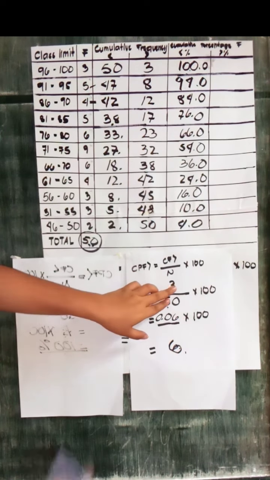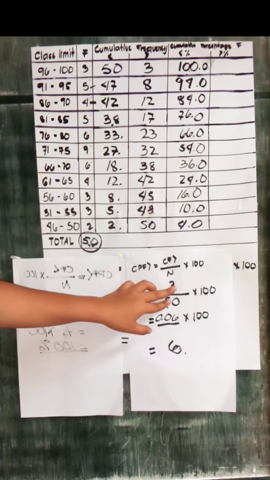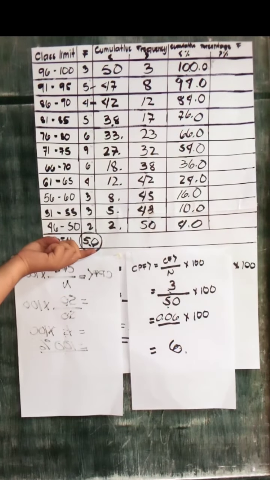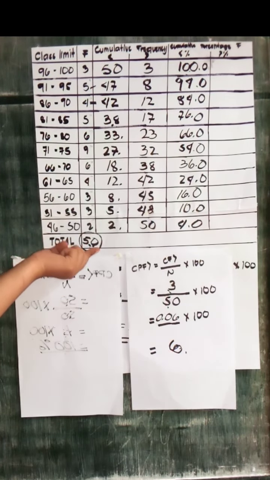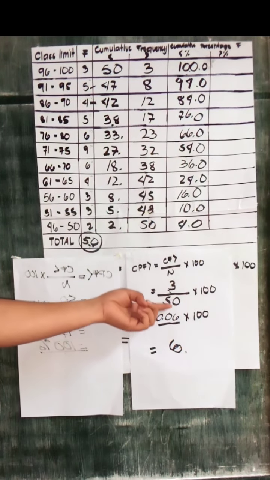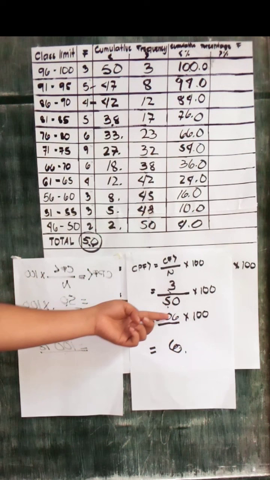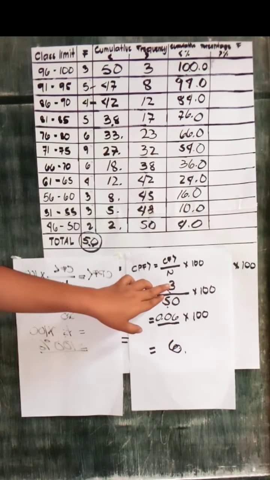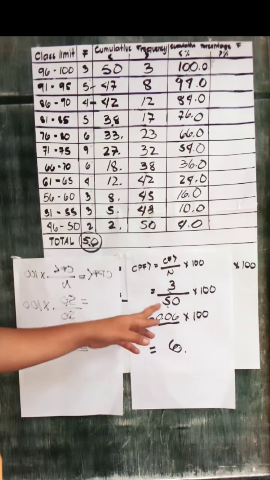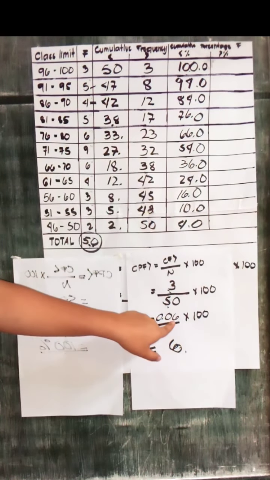Next, we have the total number of cases, 50. To get the answer, we divide 3 by 50. So, 3 divided by 50 is equal to 0.06, and 0.06 times 100 is equal to 6. So, we will write 6 here.